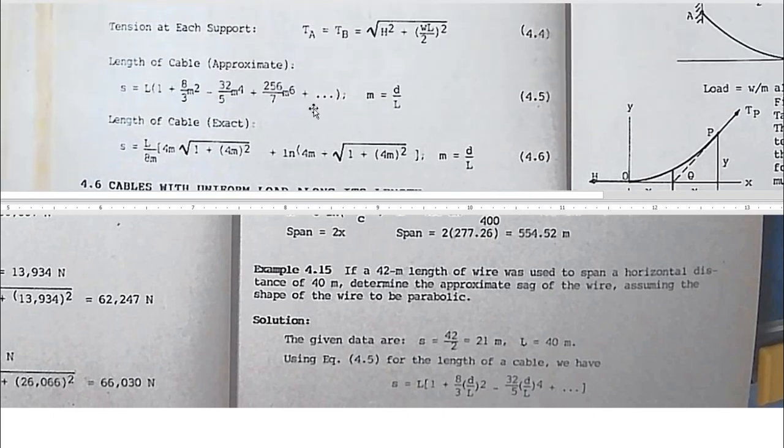As I've said before, disregard na natin yung m to the 4, m to the 6, since this is very, very minimal, no? So, yung first two members lang ito, 1 plus 8 over 3m square ang i-consider natin. And then, remember na yung S, yan yung arc length, okay? And then, L, that is the span length, which is written here, okay?